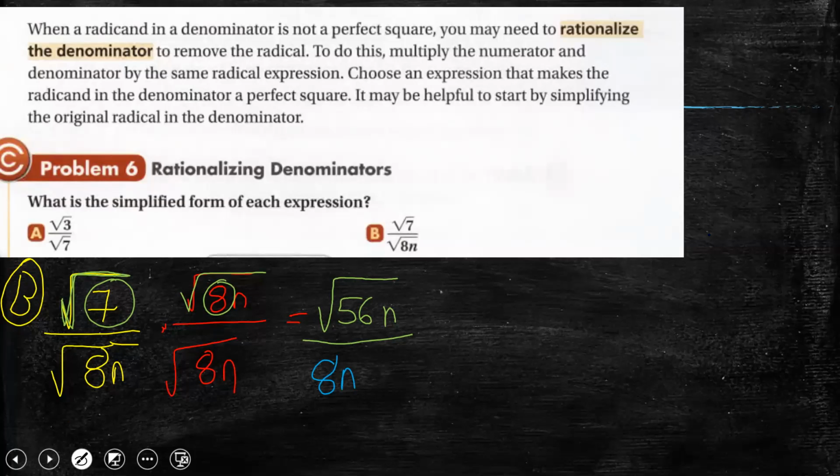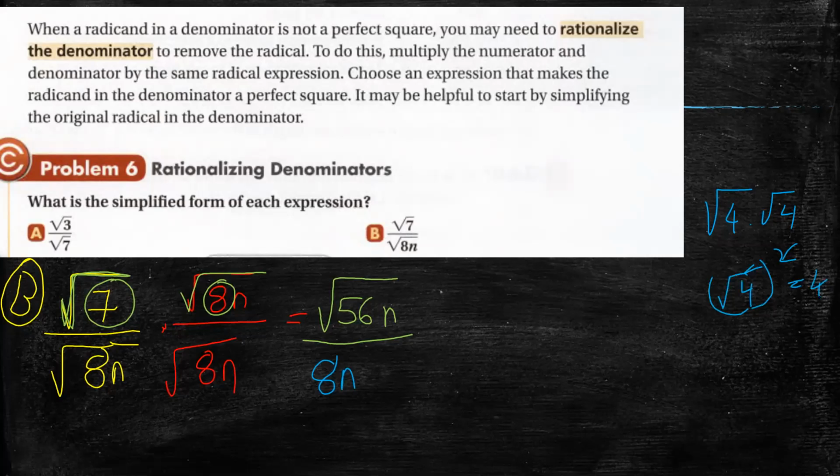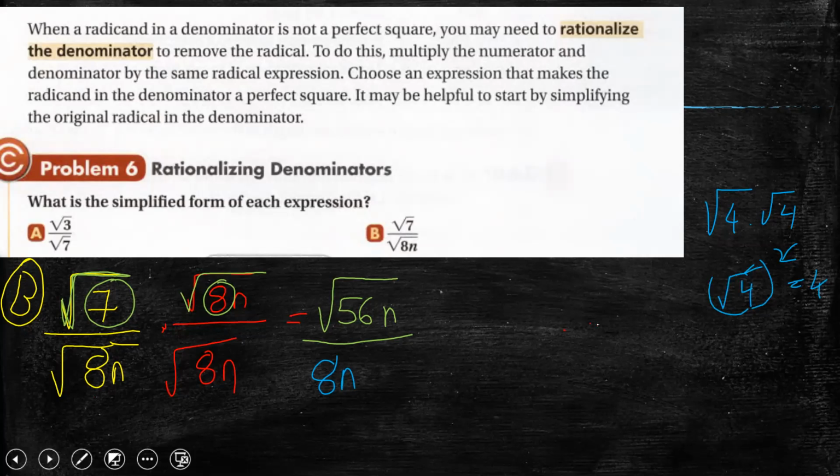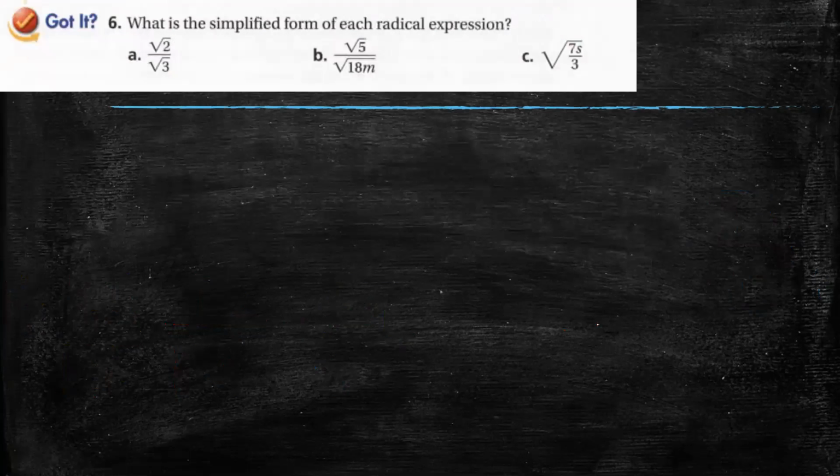As I told you, square root of 4 times square root of 4 means square root of 4 squared. They cancel each other, so it's 4. If you have square root of 4 multiplied by square root of 4, they are multiplied by each other, so take this answer only.